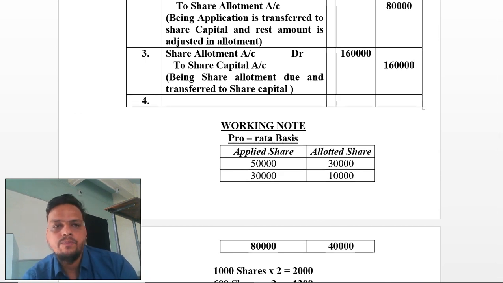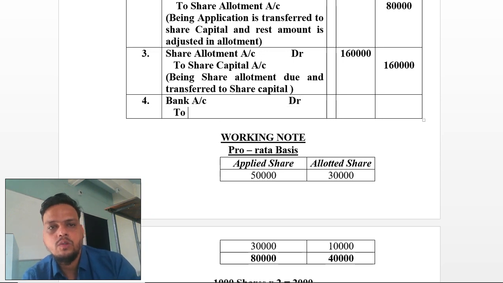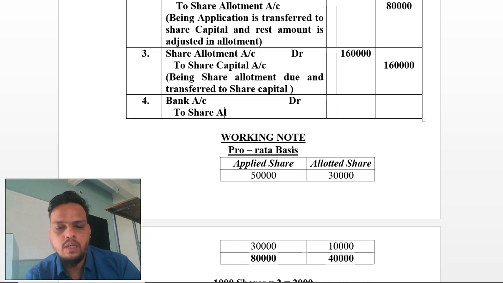Entry number 4, because it has been asked to enter till allotment. Let's begin with the bank account debit to share allotment account.